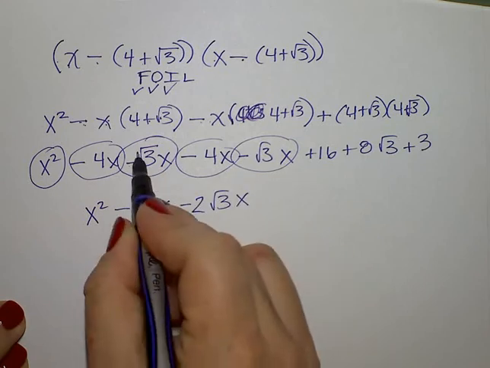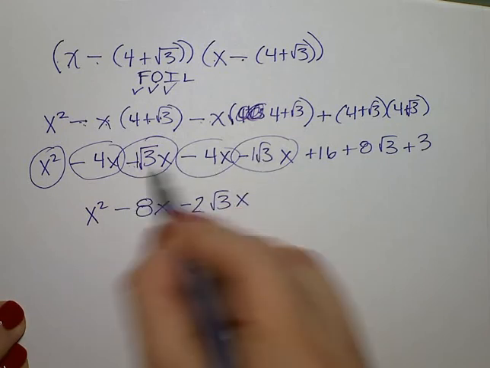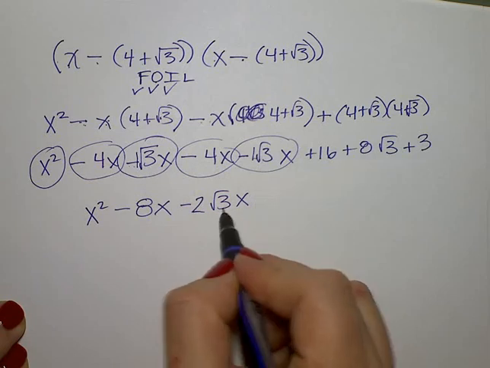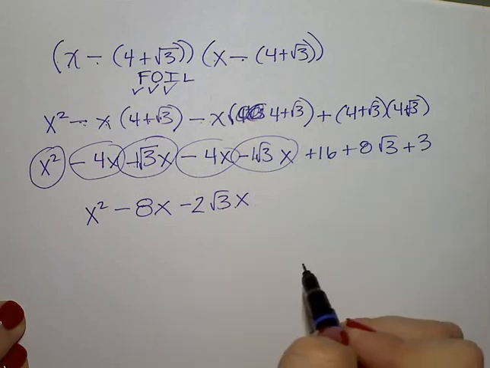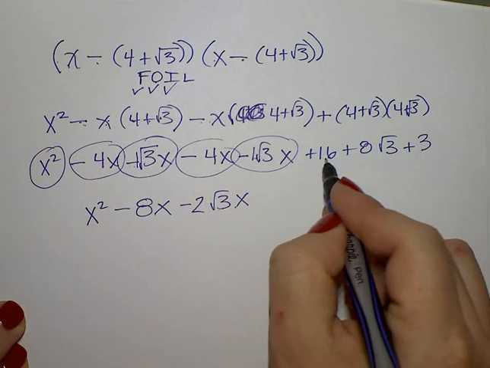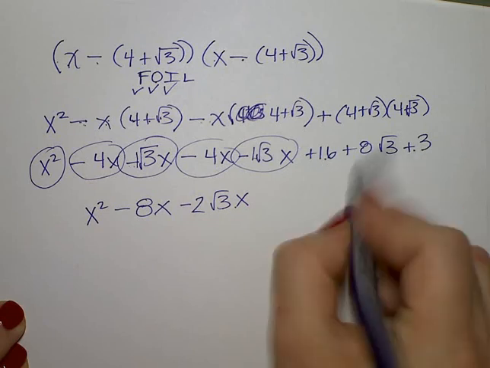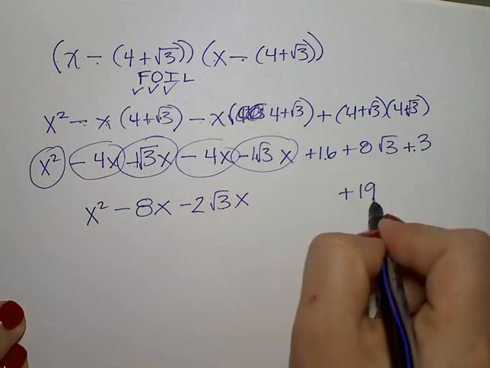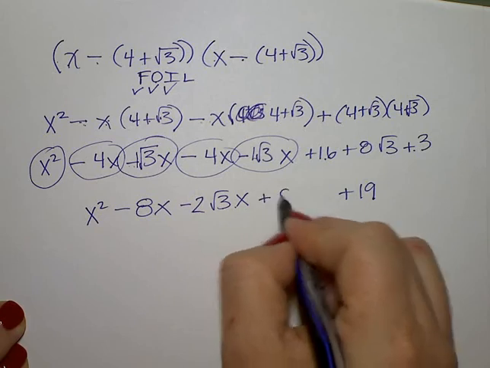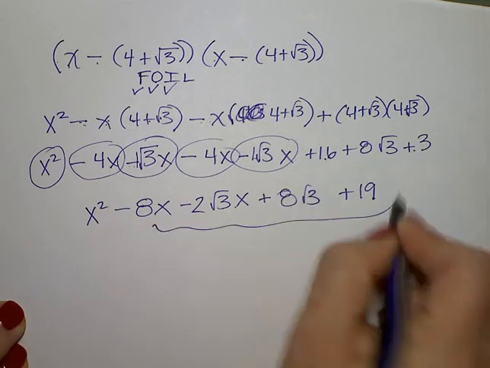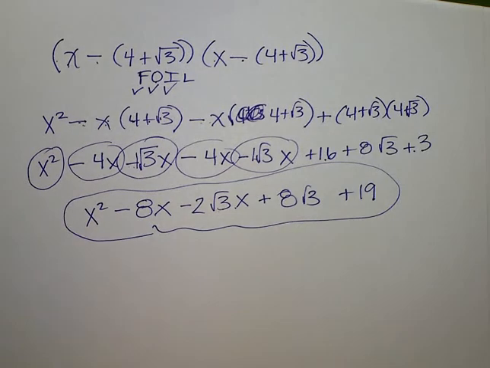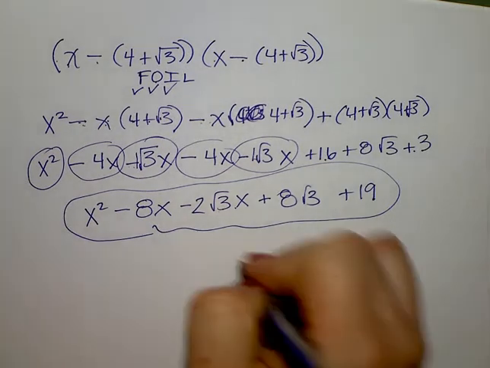There's negative 1, and negative 1 gives you a negative 2 square root of 3x. And 16 and 3 is 19 plus 8 radical 3. This is going to be the most common mistake.